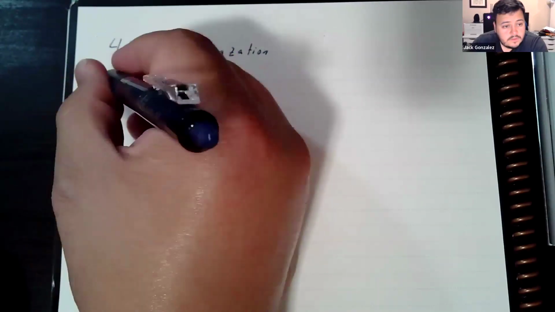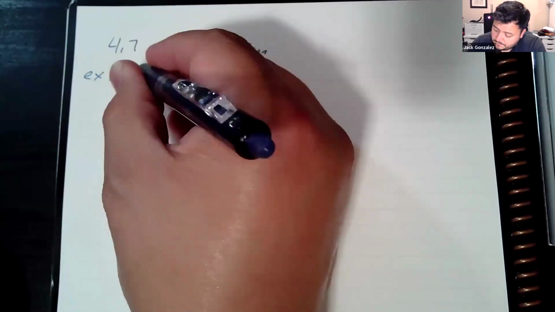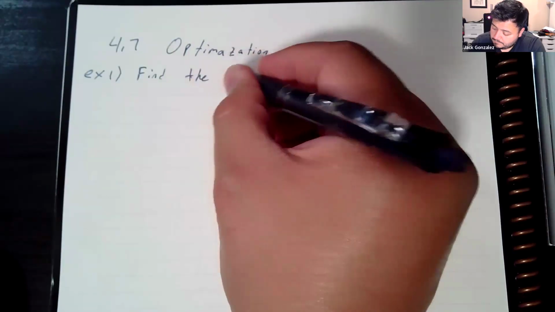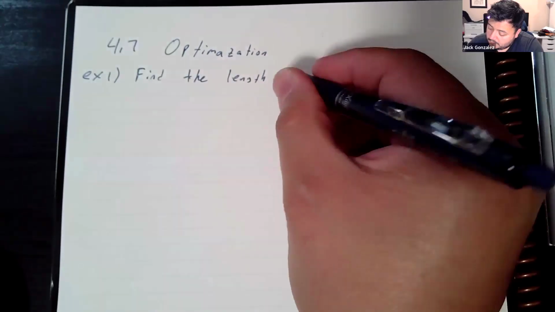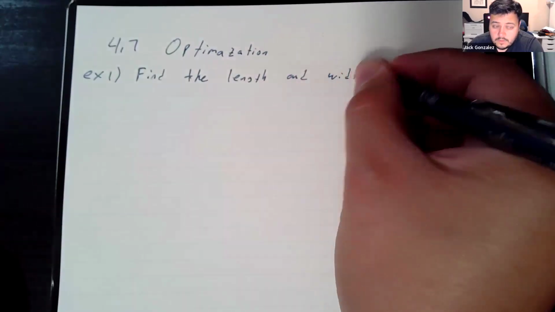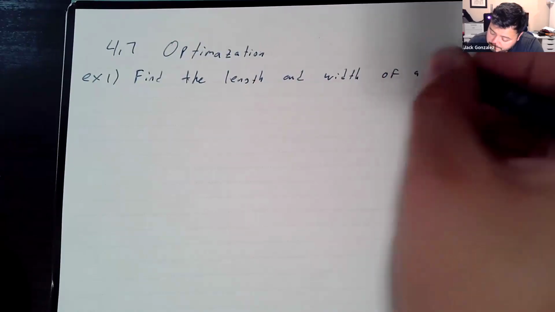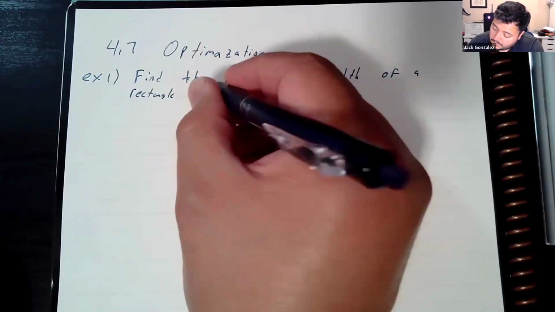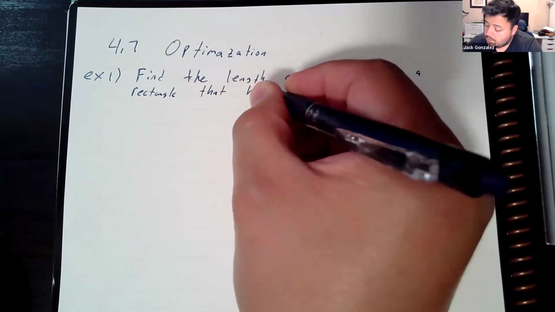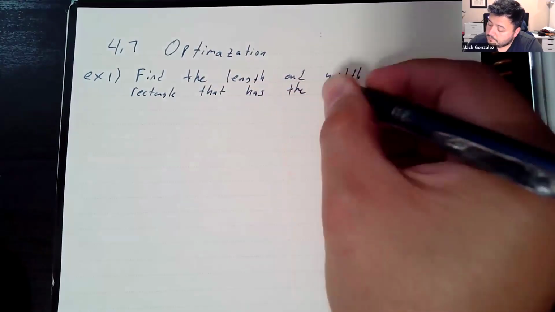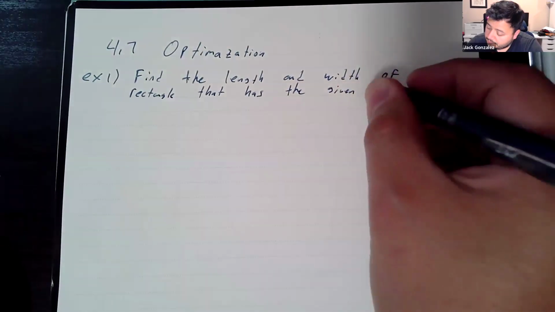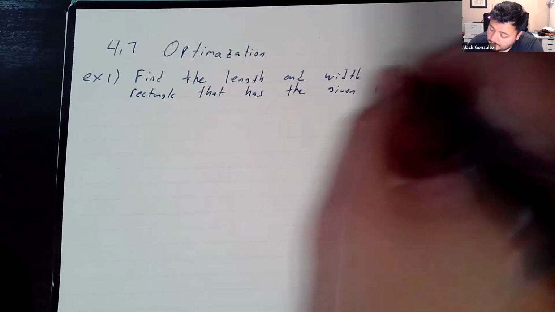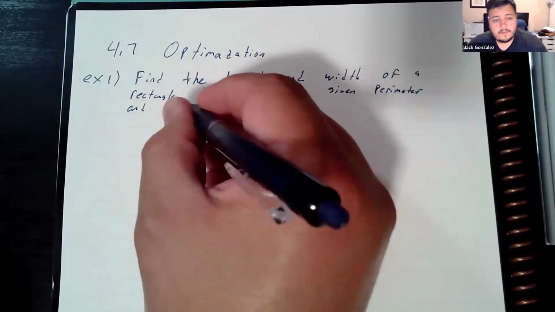All right, so these are some notes right here. Let's start with the first example. Find the length and width of a rectangle that has the given perimeter and the maximum area.